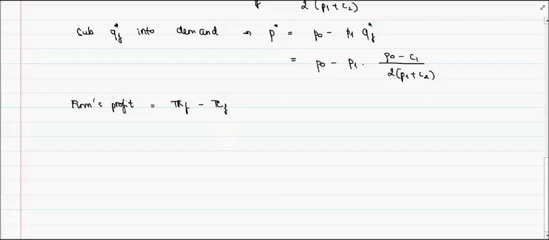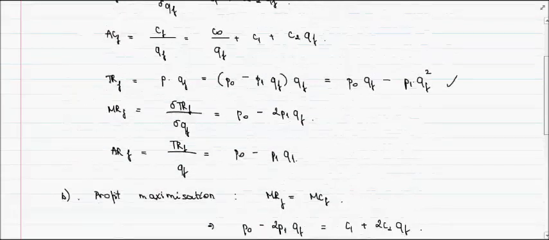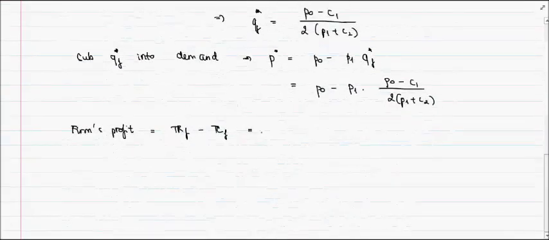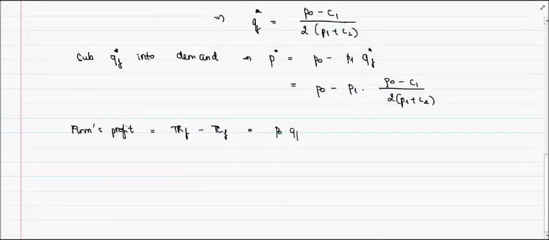We found total revenue earlier, which is over here equal to P0 QF minus P1 QF square. And the total cost function is given to us, equal to C0 plus C1 QF plus C2 QF square.